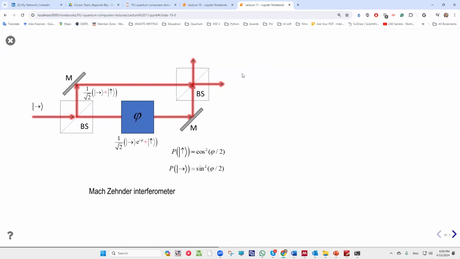So it's like a single photon interaction. The photon splits into two opportunities, and then the second beam splitter superimposes the two opportunities and creates the superposition for the basis states to go either up or right.